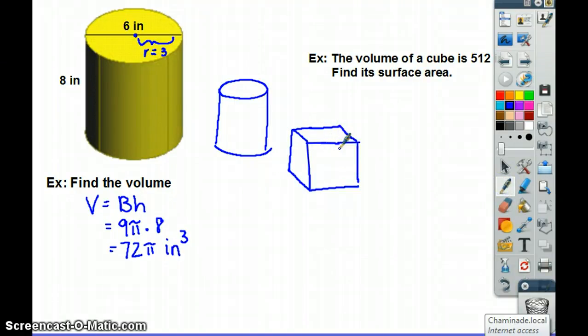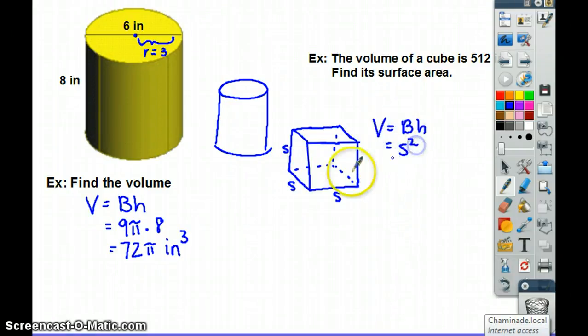Now I know the volume is the area of the base times the height, and on a cube all these sides are the same, so I'm going to call them all S. The length is S, the width is S, the height is S. So the area of this base would be side times side, squared, times the height, which is also S. So the volume would be the side squared, the area of the square base, times the height.